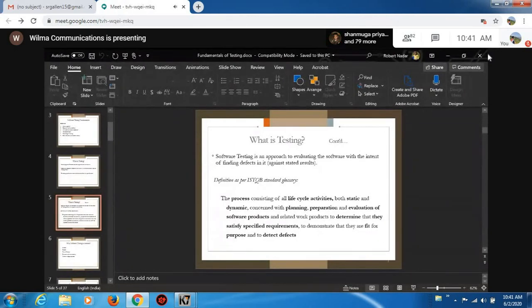You can see the definition: the process of considering all life cycle activities, both static and dynamic, concerned with the planning, preparation and evaluation of the software product and related work product to determine that they satisfy the specified requirement, to demonstrate that they are fit for purpose and defect free.